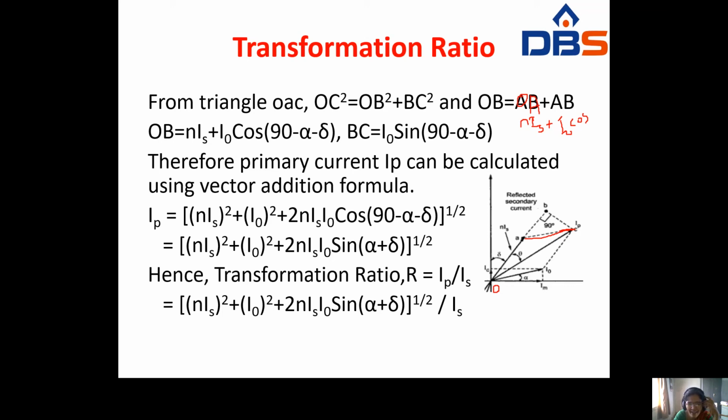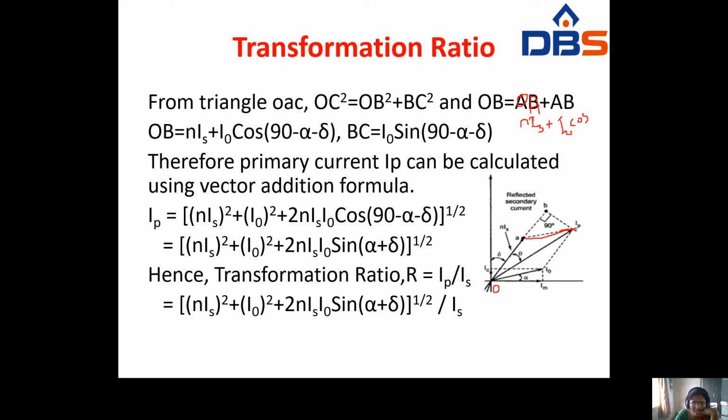BC is nothing but I naught square plus sin of 90 minus alpha minus zeta square. So from this, whenever you expand, you get this.